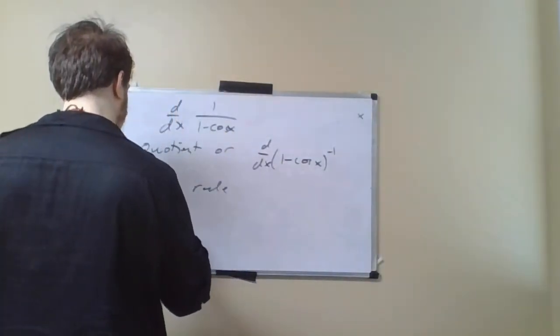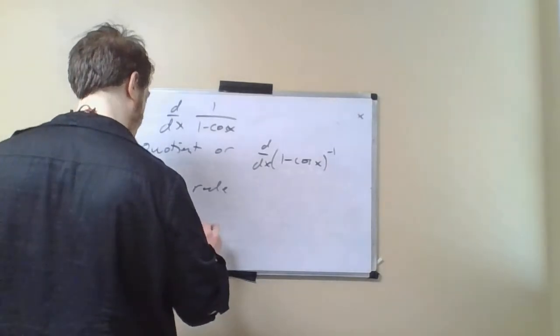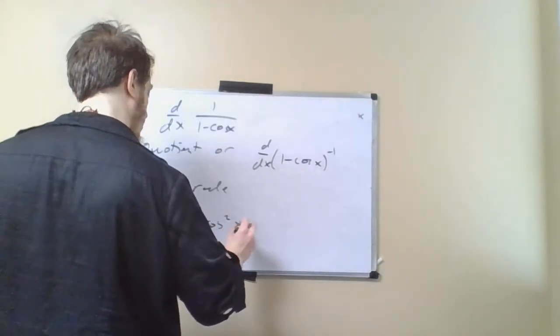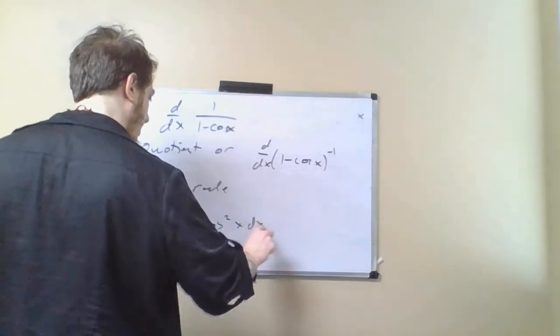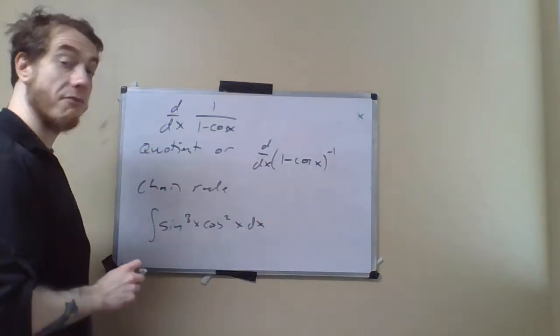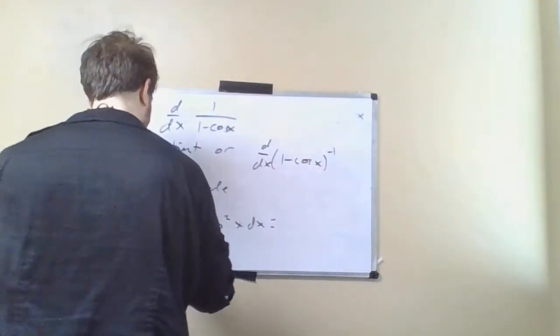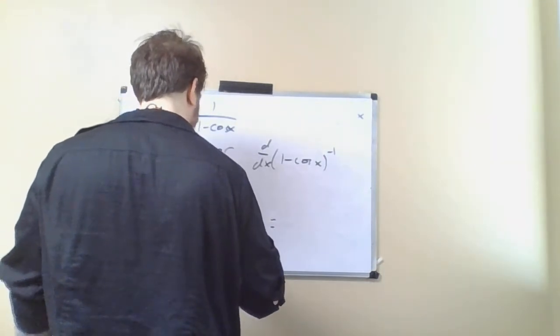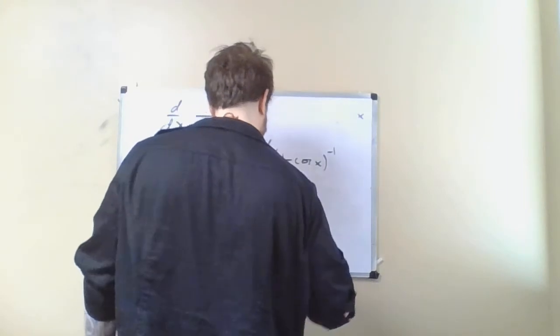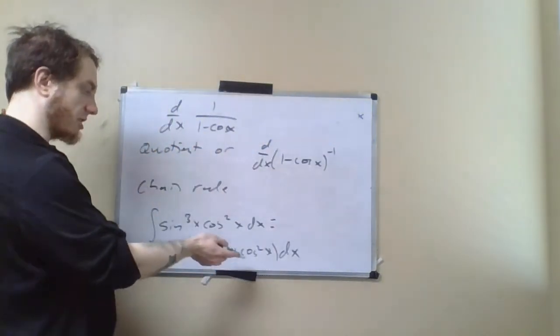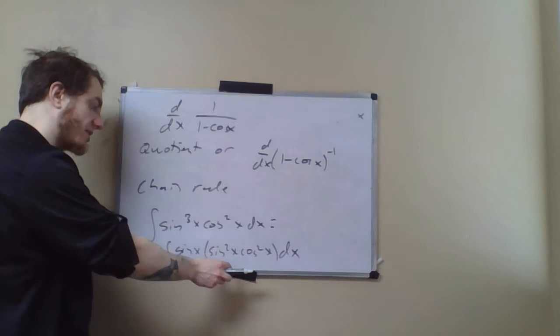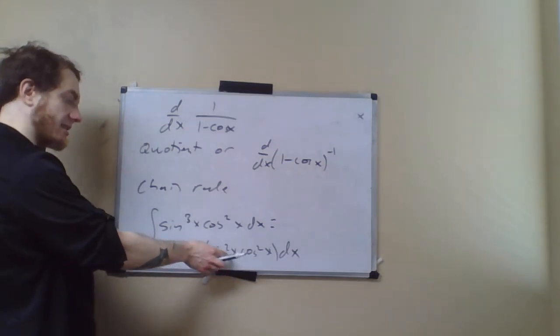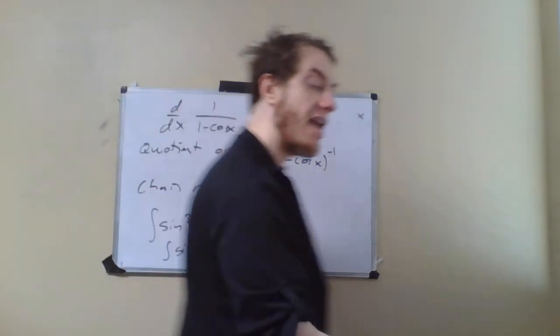If I gave you something like the integral of sine cubed x cosine squared x dx, this one would have a fairly obvious approach. Think of this as the integral of sine x times sine squared x cosine squared x dx, and do a u substitution, u equals cosine x, use the Pythagorean theorem to get sine squared in terms of cosine squared, and you're done.